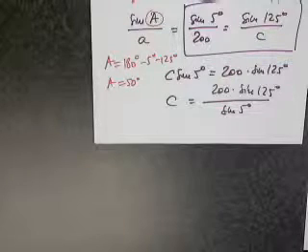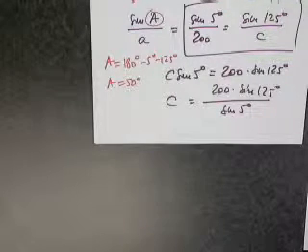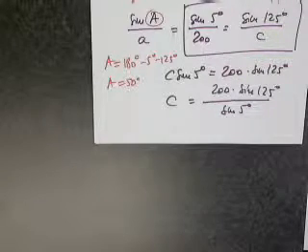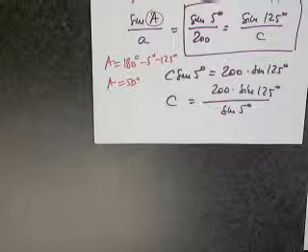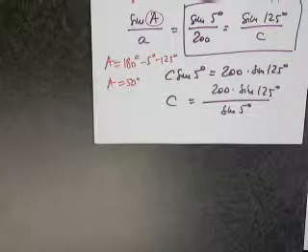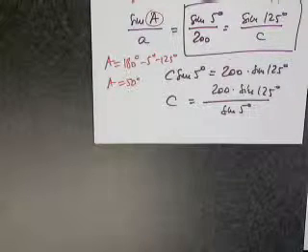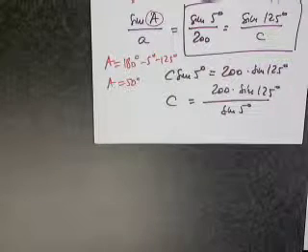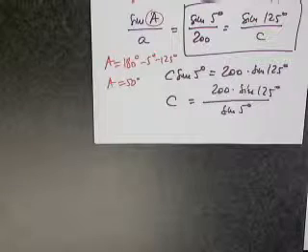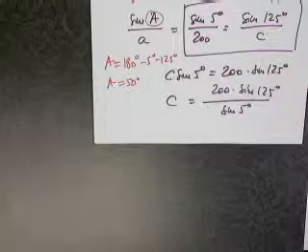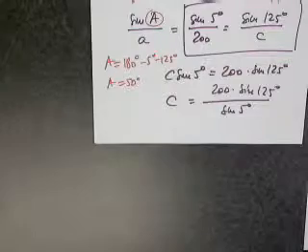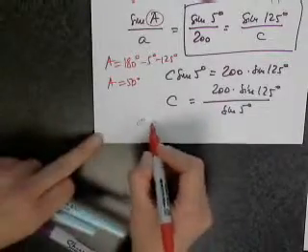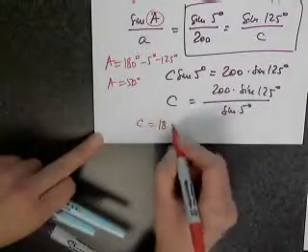So I have 200 and then sine 125, close the parenthesis, and divide by sine 5. Okay, it looks a little big. Okay, so lowercase c is 1880 roughly.